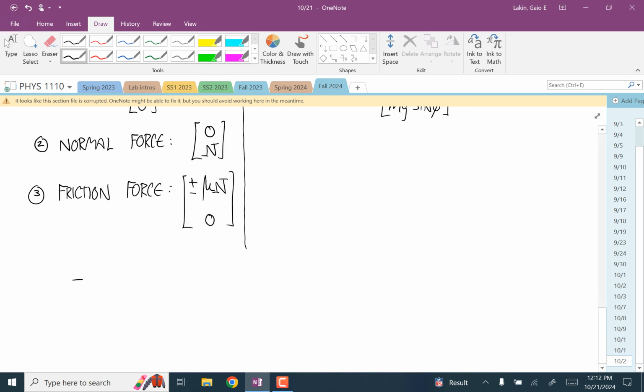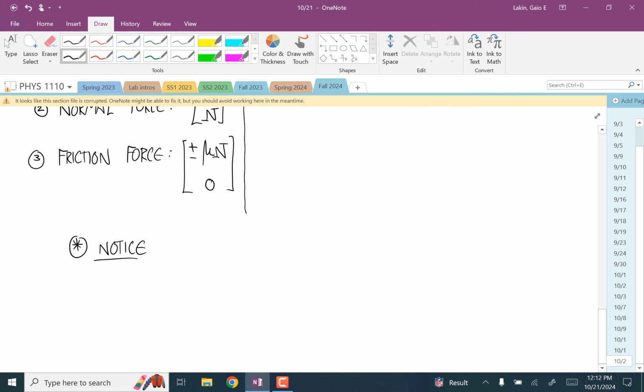One thing I want you to notice is that that angle phi always varies from 270 degrees by the angle the ramp makes with the horizontal.